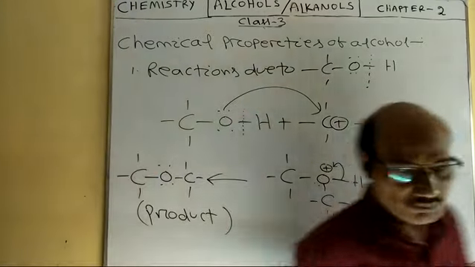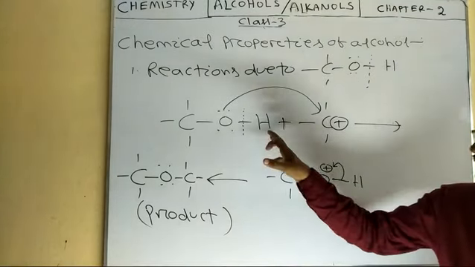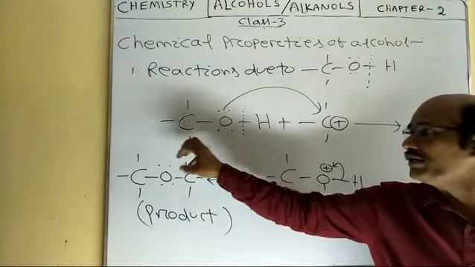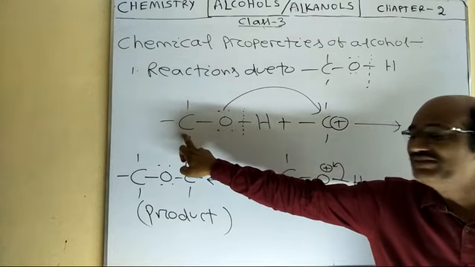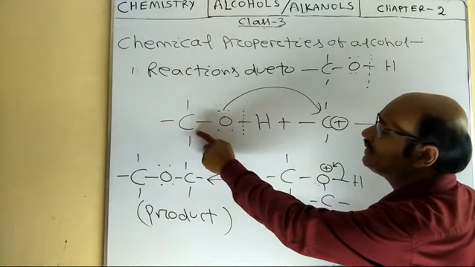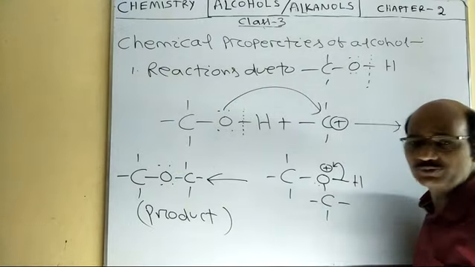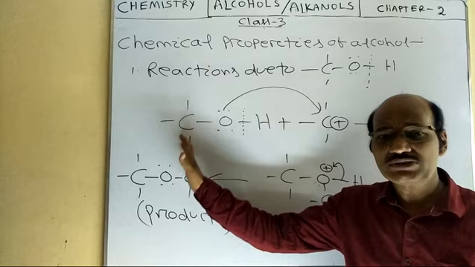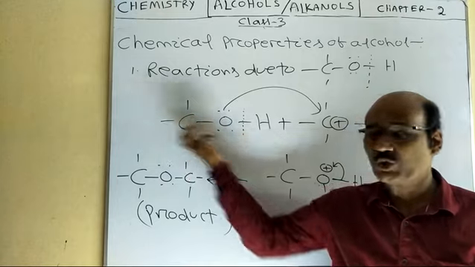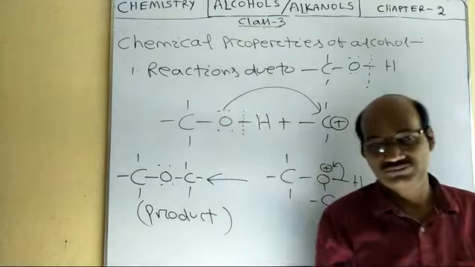Here you see, when there is the breaking of this O-H bond, the strength of this O-H bond depends upon the number of alkyl groups present on this carbon. When we have more alkyl groups on this carbon, suppose 1, 2, 3 alkyl groups, these alkyl groups have plus I nature, electron release. When they release electrons, the electron density on the oxygen atom increases.